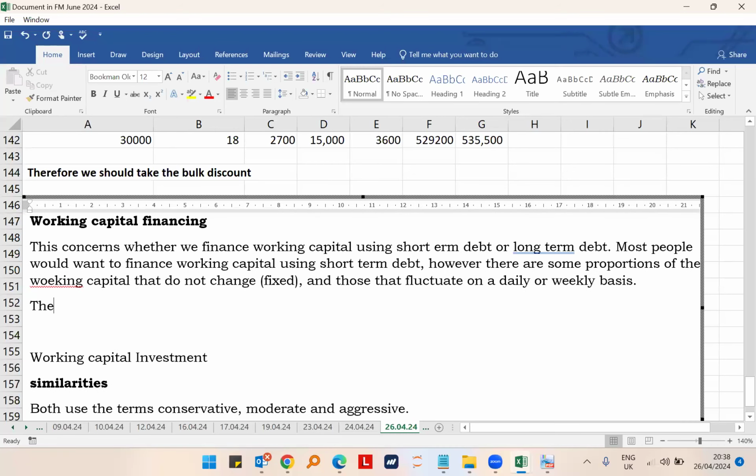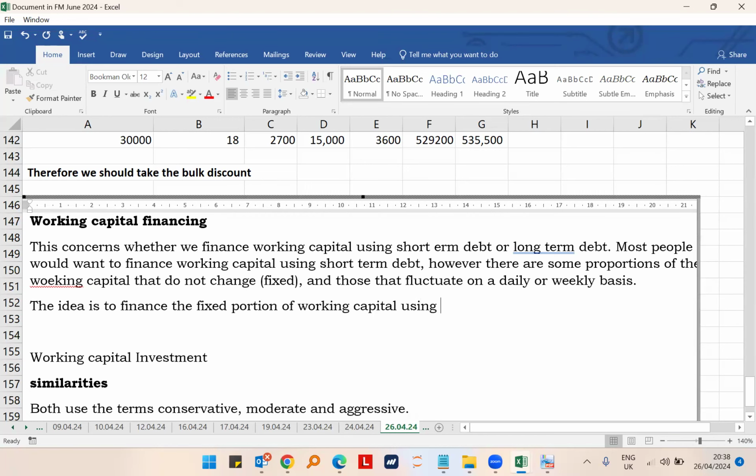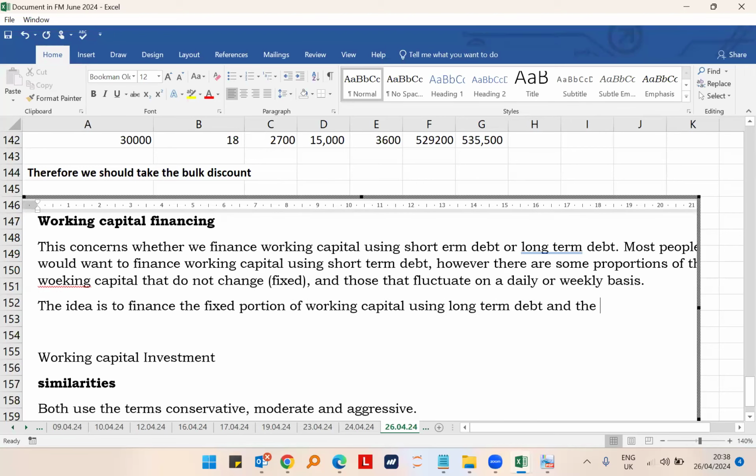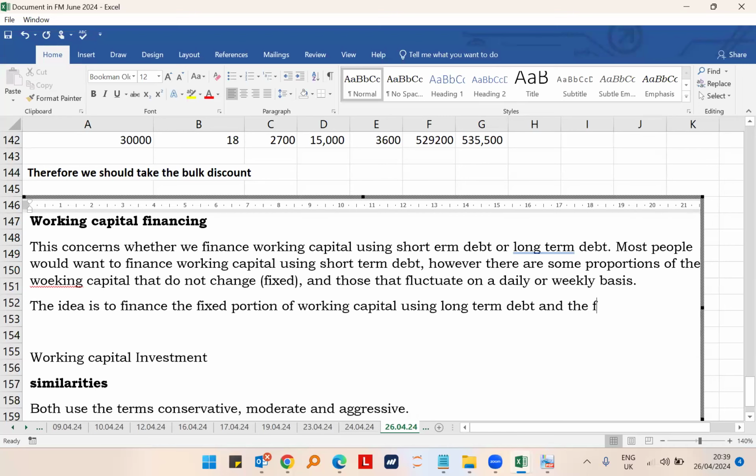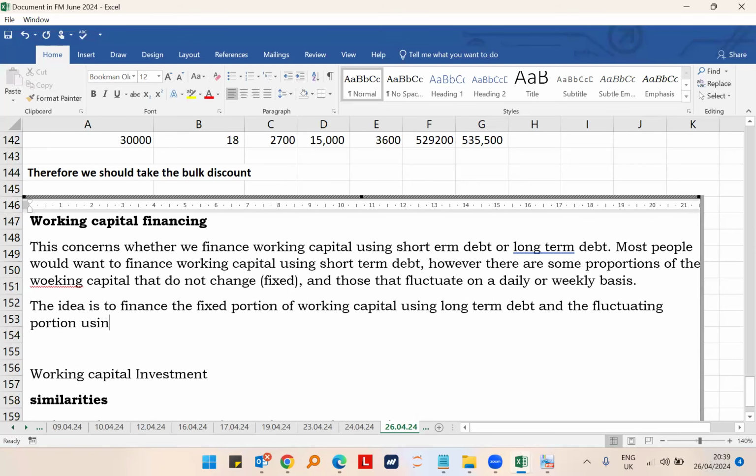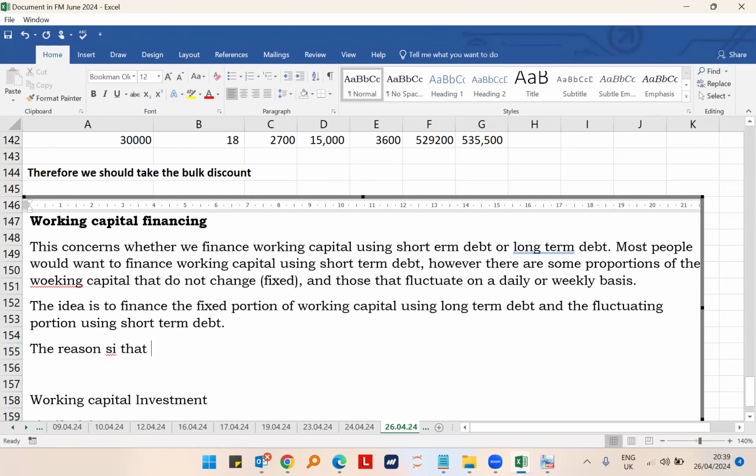So the idea is it will finance the fixed portion of working capital using long-term debt, and then the fluctuating portion using short-term debt.